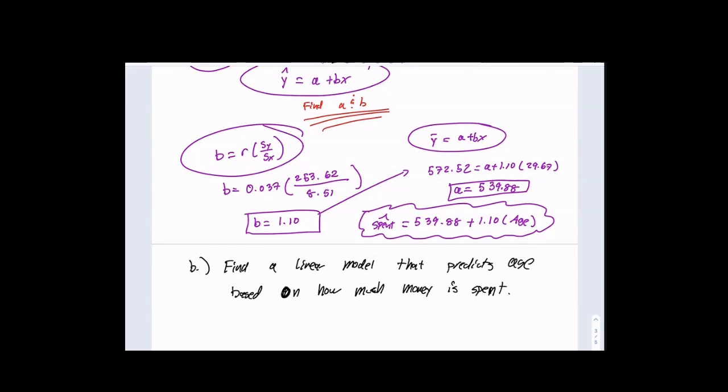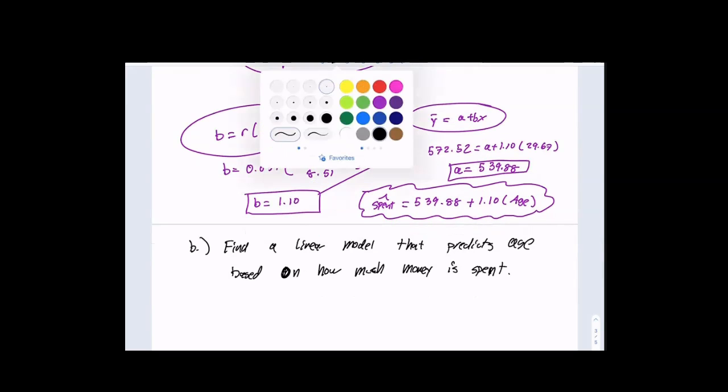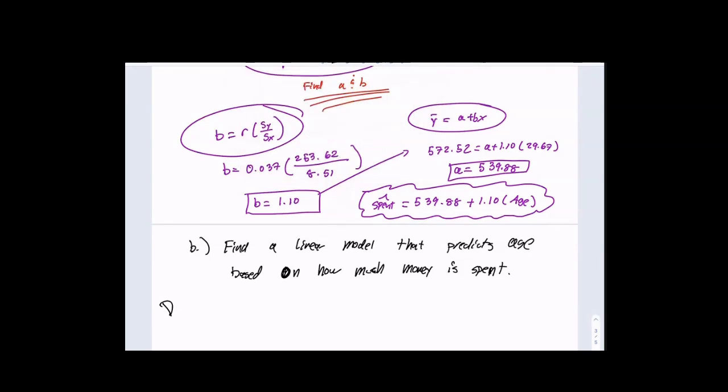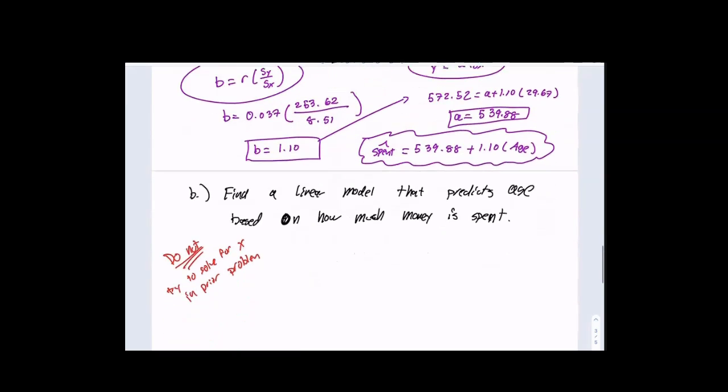Now, something very important here. Do not try to solve for x in the prior problem.